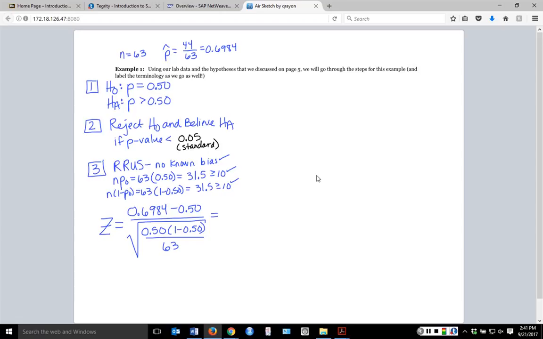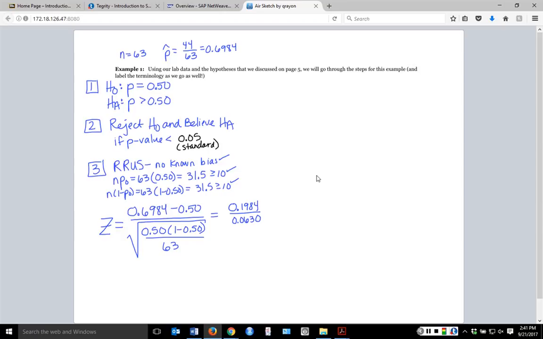So some of you will be able to do this math okay. Again, I'm going to show some work as I go here to help. So that top part should be 0.1984. And the bottom part, where we're doing that square root, we would get 0.0630.